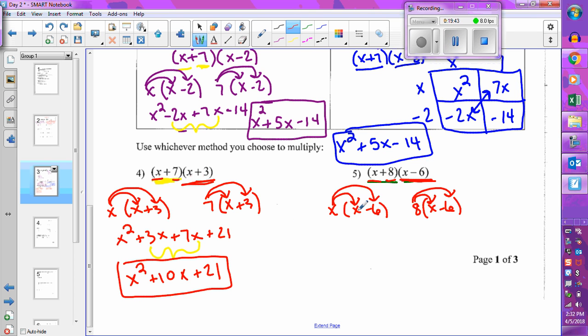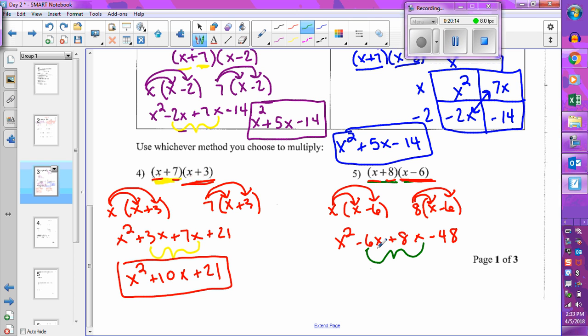So x times x is going to be x squared, or x to the second degree. And then you have an x times a negative 6, so then you have a negative 6x. Then you have 8 times x, so that's going to be a positive 8x, and then 8 times a negative 6, which is going to give me a negative 48. Now I have to look to see if there are any like terms that I can combine, and I can.